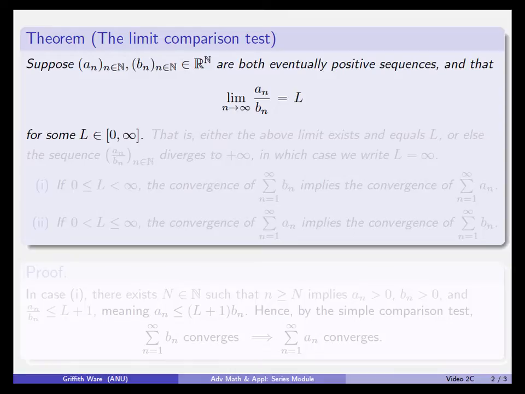So we sort of package this up into one neat statement.